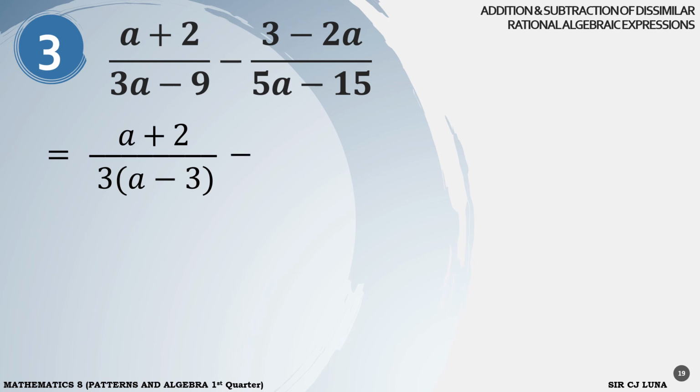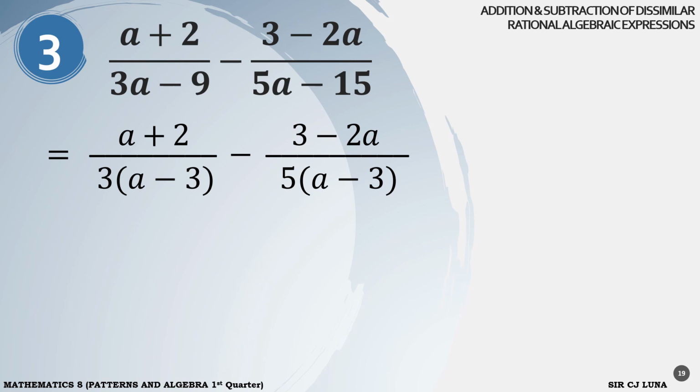The numerator is 3 minus 2a. Okay, very good. We will just copy. And then, for the denominator, okay, good. We get the factors of 5a minus 15 by factoring the CMF. We get 5 quantity a minus 3.